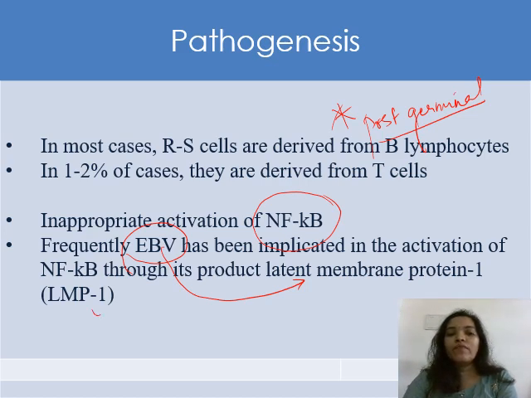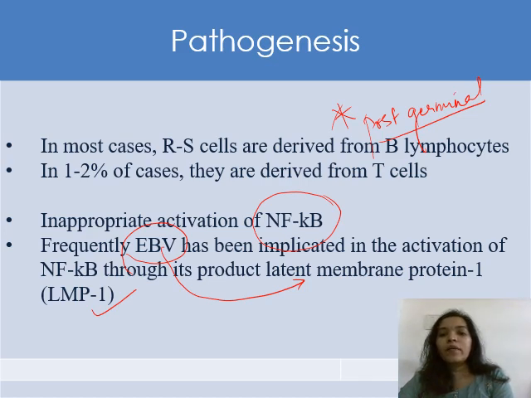This LMP1 will cause increased activation or upregulation of nuclear transcription factor, that is NFKB. Once there is activation of NFKB, then there is increased proliferation of post-germinal center B cells in the form of RS cells.